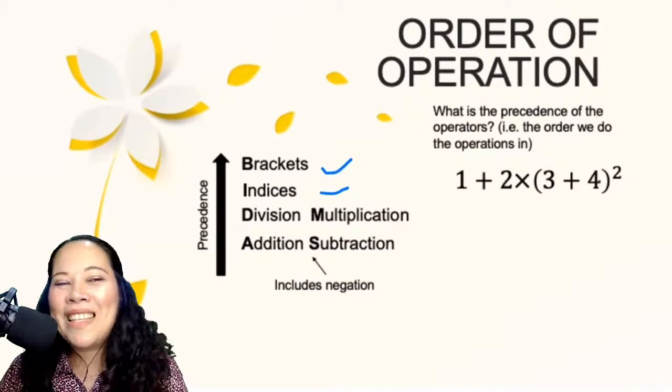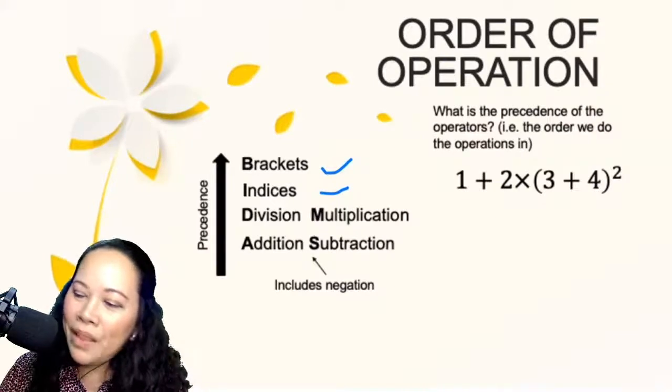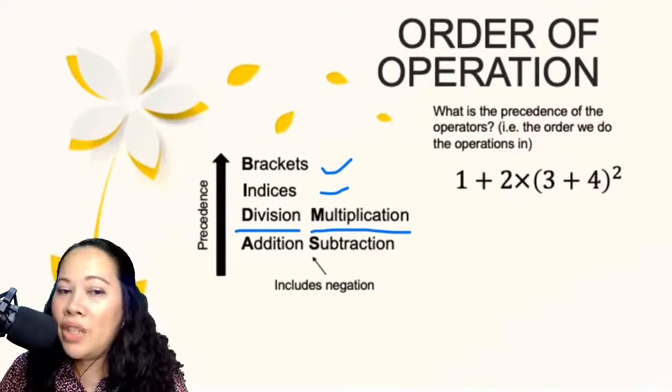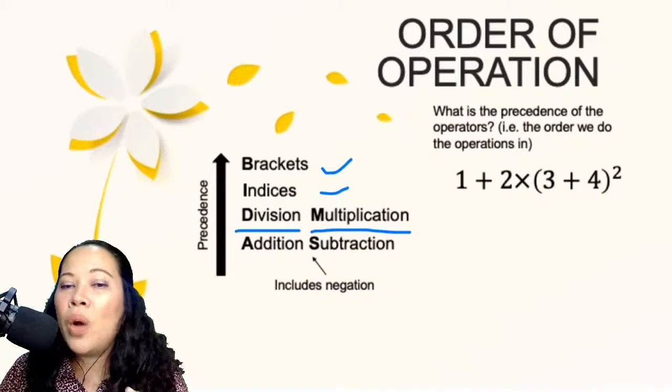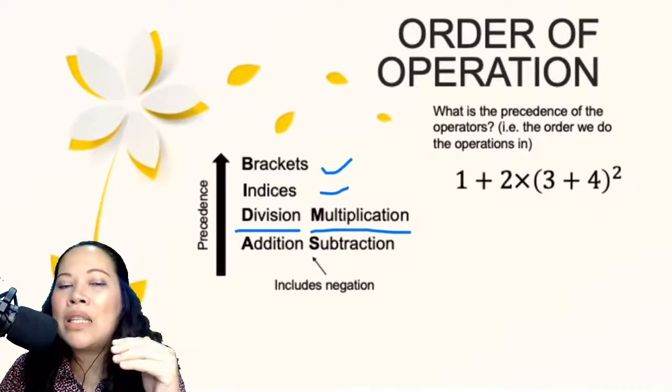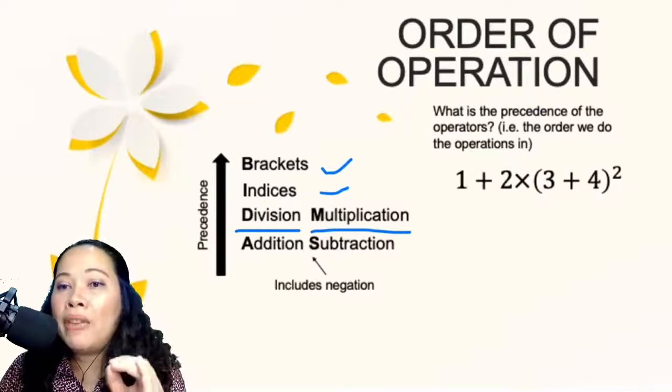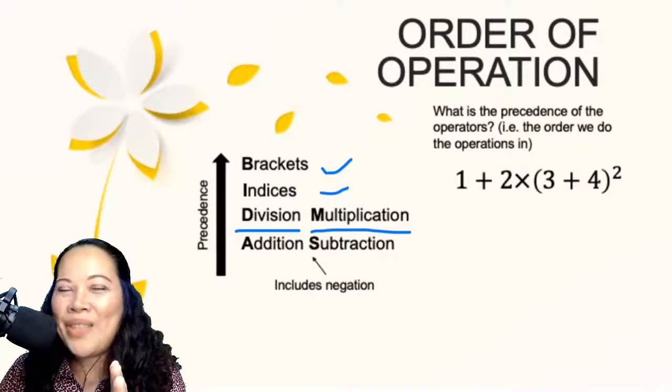Then we do the division and multiplication. For division and multiplication, they are on the same level. That means we treat them equally. But because we write from left to right, wow, that's rhyming, we follow the operations from left to right.